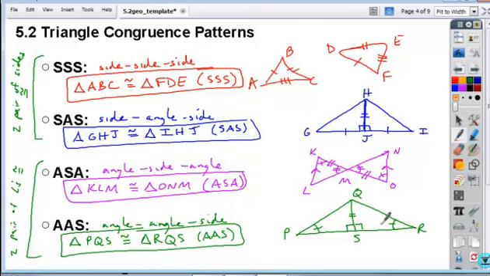Now, there's another relationship that we could have identified here. Let's say we didn't want to use this relationship. If we look at the entire triangle PQR, what do we know if the base angles here, P and R, are equal to each other? What do we know about the sides opposite those? They'll also be equal, right?